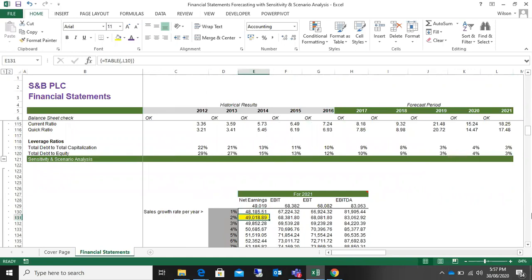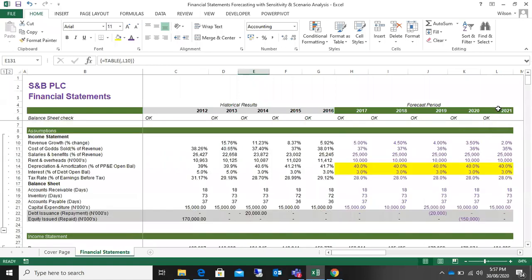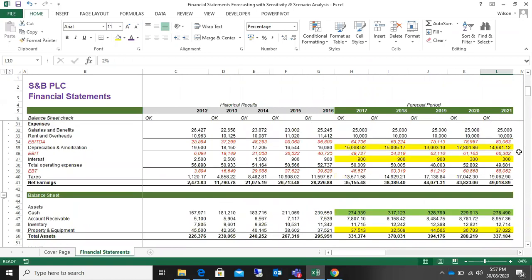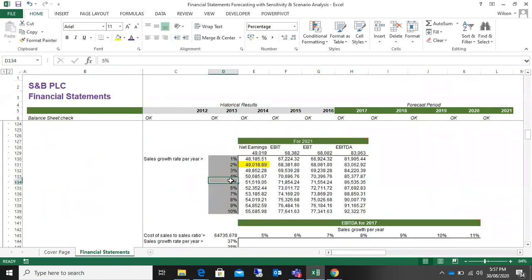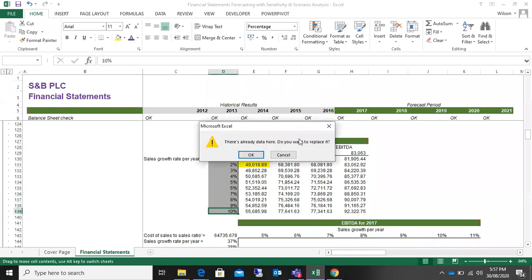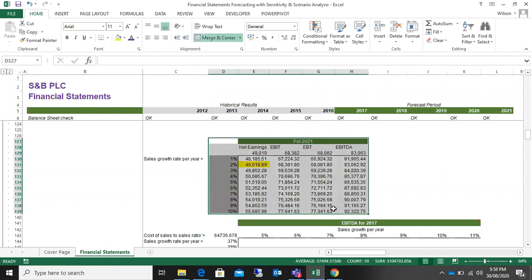So what this table will tell you is that instead of you coming here to change your assumptions, picking one, picking two, picking three, you are just preparing a table. This entire table will give you a holistic picture of what the different performance metrics will result to if you have this range of growth rates.